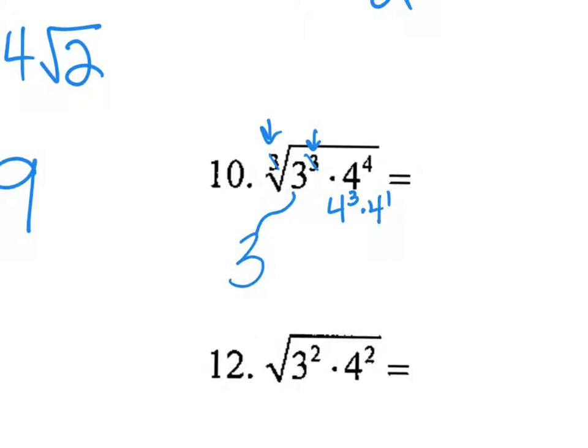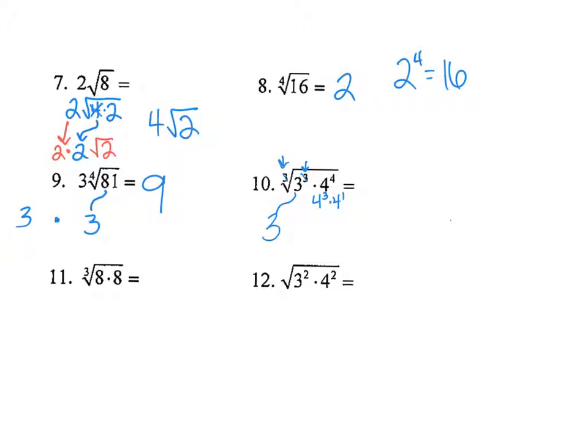So now, this is what I have. Mathematically, I'll do it all perfect. The 3 from the outside that I pulled out. Cubed root of 4 to the third times 4 to the first. I broke down my 4 to the fourth. Why didn't I pick 4 squared times 4 squared?